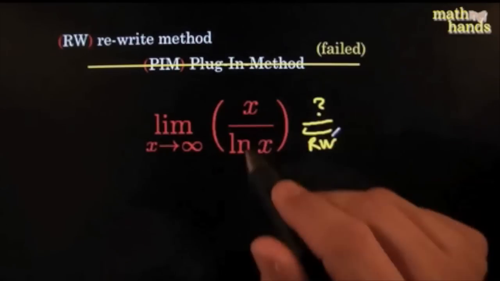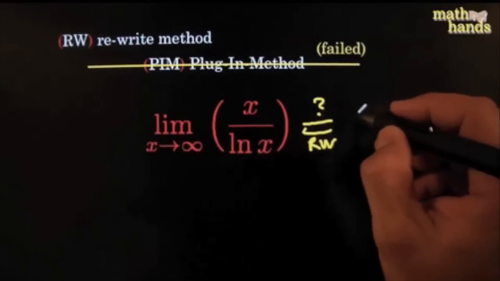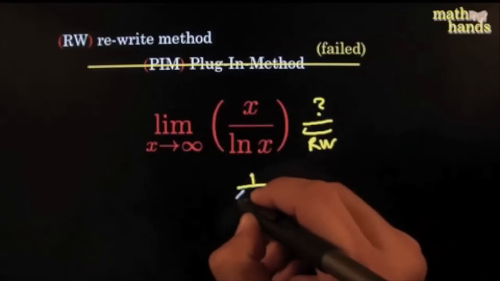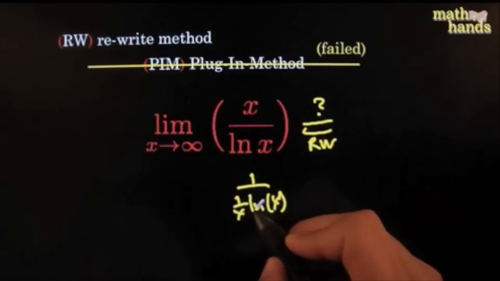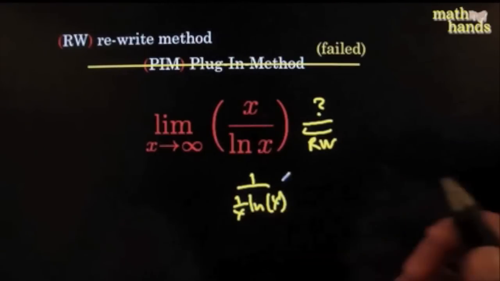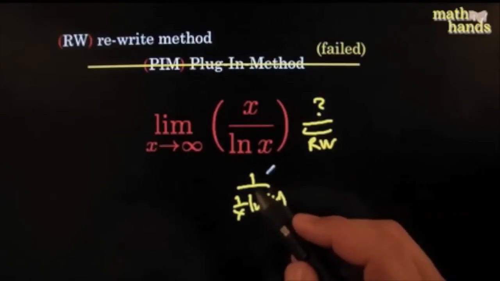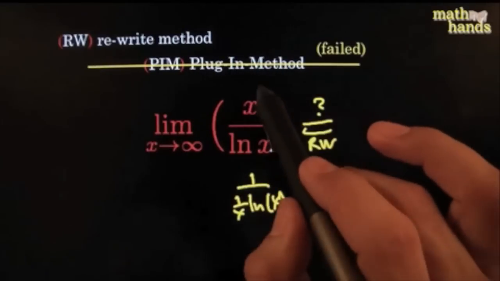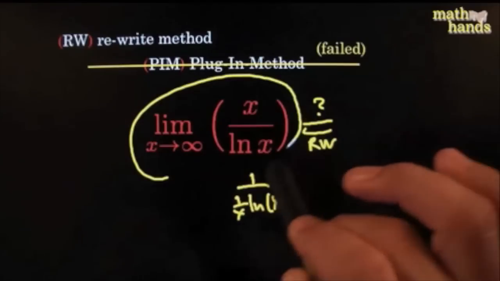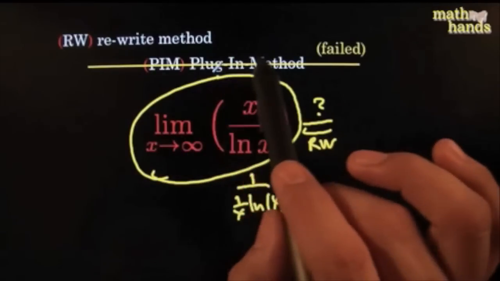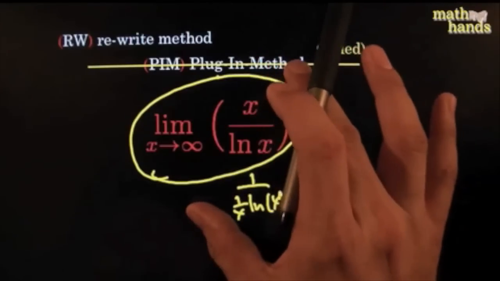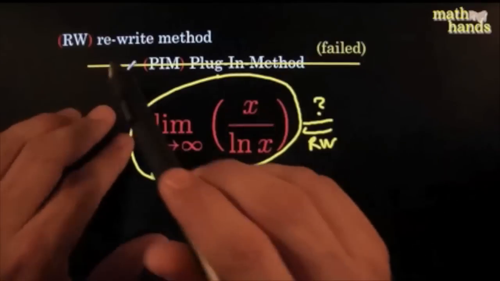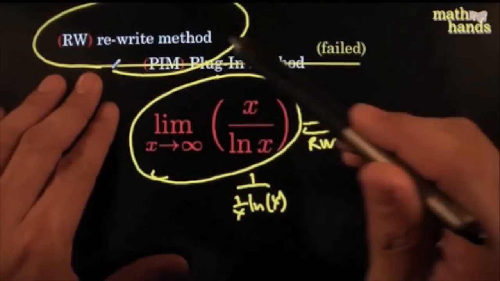You could play with it, and maybe go like this: 1 over x ln x, but that still gives you a problem. That would give you something like 0 times infinity. Yeah, this shows the problem here. You're invited to try to rewrite this into something better, but the point of this example is to point out the fact that the rewrite sometimes also fails.